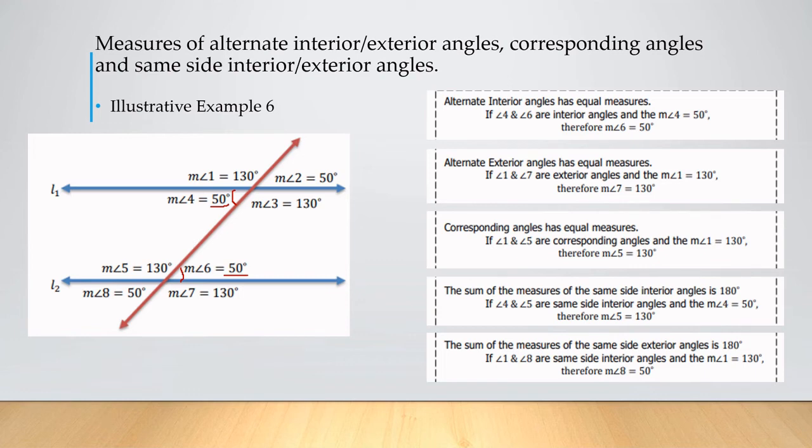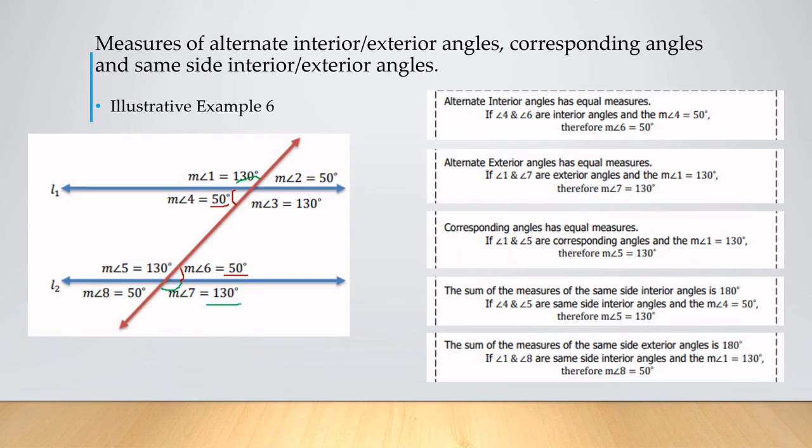Next, angle 1 and angle 7 are alternate exterior angles. So, if the measure of angle 1 is 130 degrees, therefore, the measure of angle 7 is also 130 degrees, since each pair has equal measures.